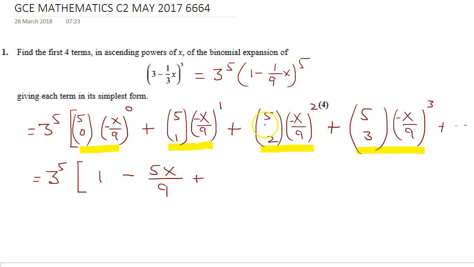This is plus 5C2 is 10, so this is 10 x square over 9 square. This is also minus 5C3, which is 10, x cube over 9 cube, plus.